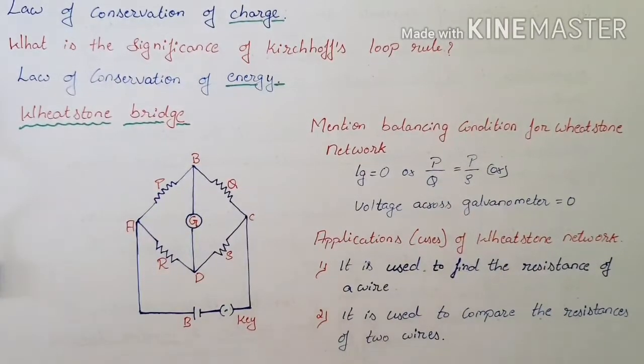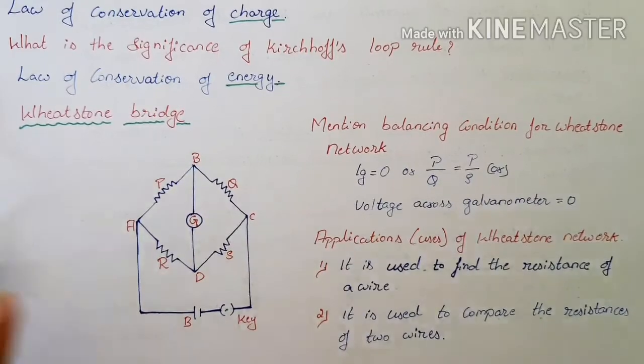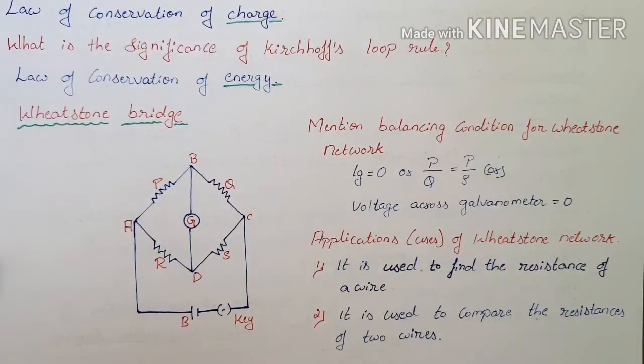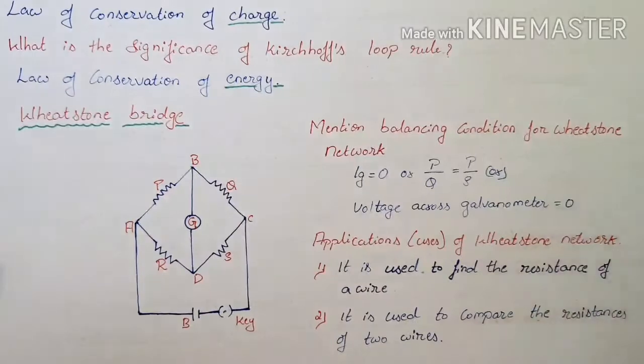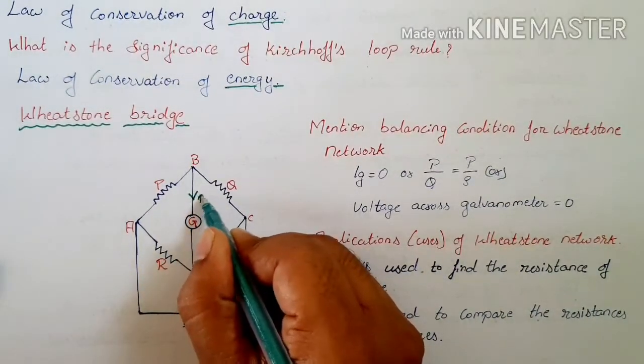Now this setup is connected to your battery and key. Using this arrangement, we can find unknown resistances, and it works mainly on the balancing condition. You will understand the meaning of the balancing condition in the practical classes. At the balancing condition, the current flowing through the galvanometer becomes zero.